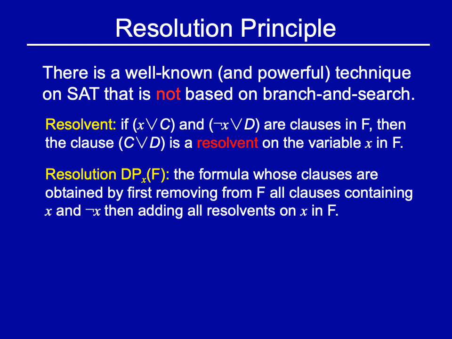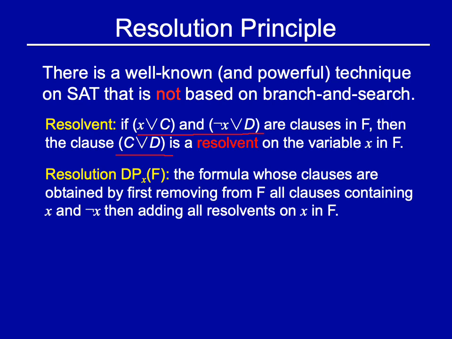If you pick any variable x, and you look at two clauses, one is x or C, the other is not x or D. Once you have such two clauses, you can make a new clause, C or D. This clause C or D is called a resolvent of this variable x.